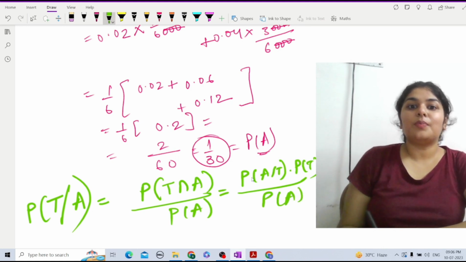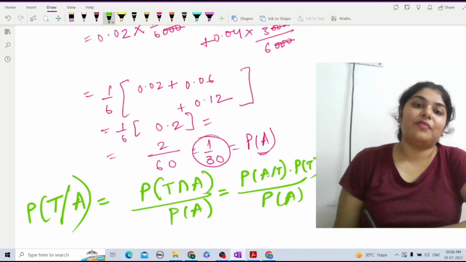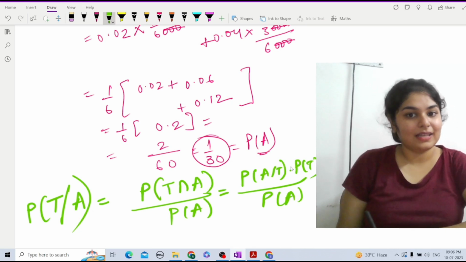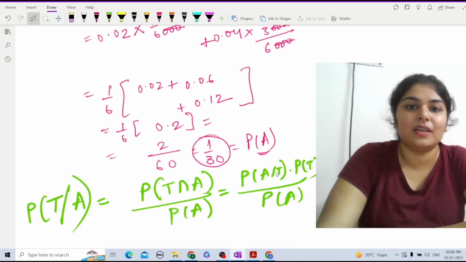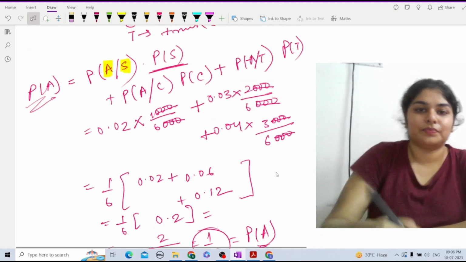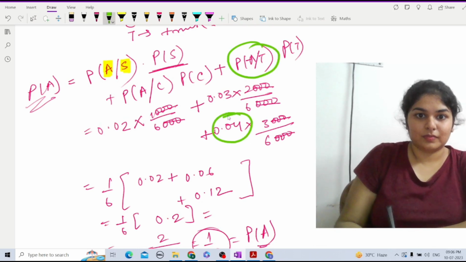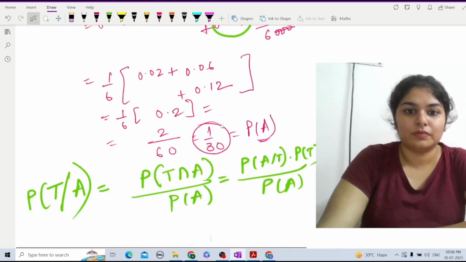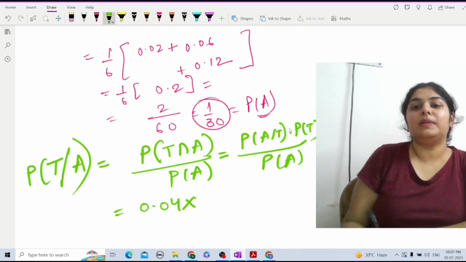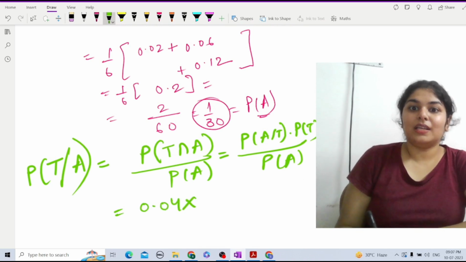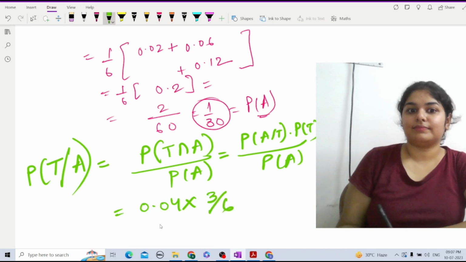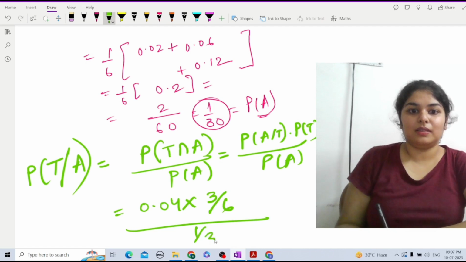Now we know the probability of a vehicle getting insured, that it meets an accident, given that it is a truck, right? That is PA given T, we have just calculated here, that is 0.04. Let us write down 0.04 into probability of truck getting insured was 3 by 6, whole divided by PA is 1 by 30.